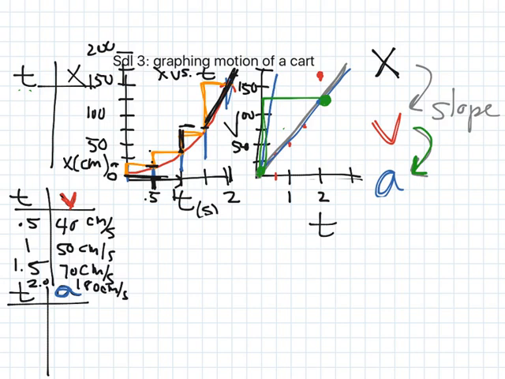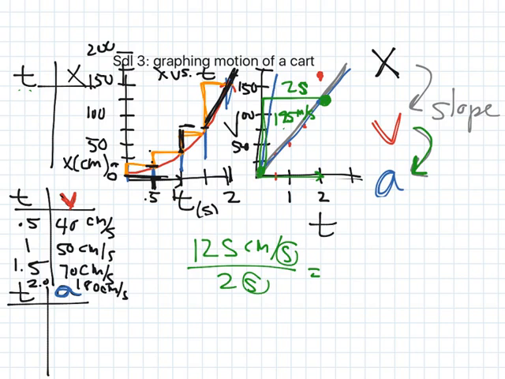So if I figure out how much I increased in speed, so about 125 centimeters per second divided by, it took about 2 seconds to get here. So 2 seconds up, 125 centimeters per second up. And then over 2 seconds, notice we have double seconds on the bottom, which will get us our second squared, centimeters on top.